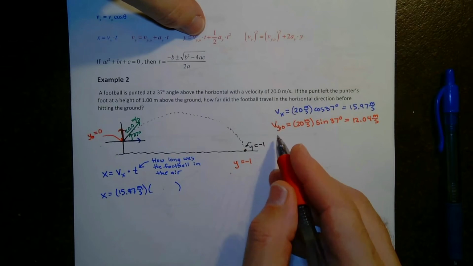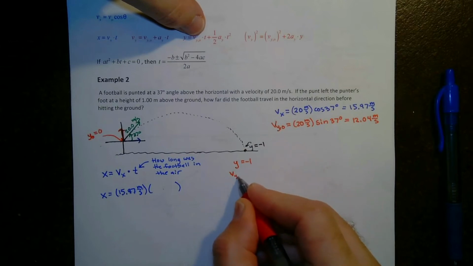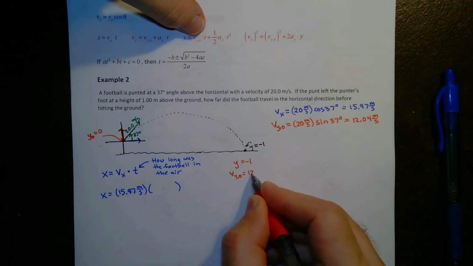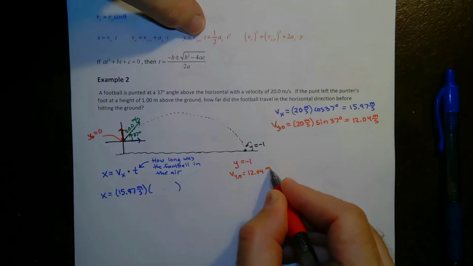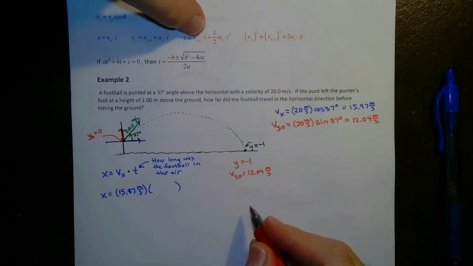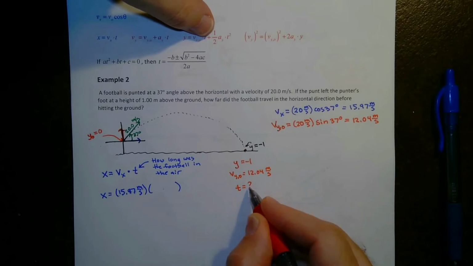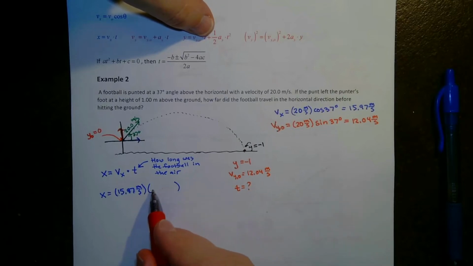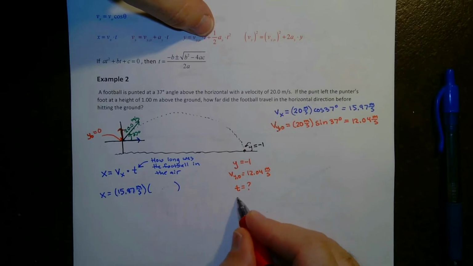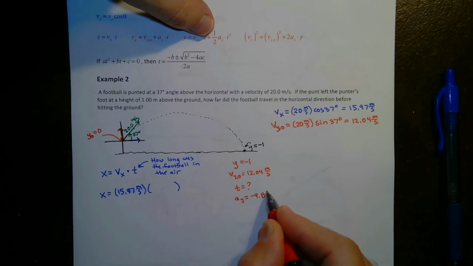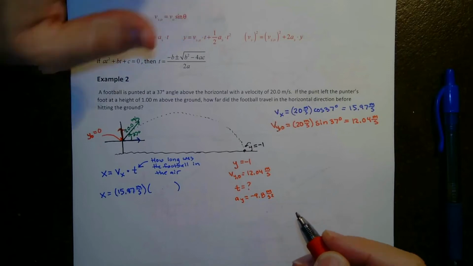I know v sub y,o is equal to 12.04 meters per second. And I don't know time. That's actually what I'm trying to find. Once I find this, it's going to go right in here. I know my a sub y is equal to -9.8 meters per second squared.